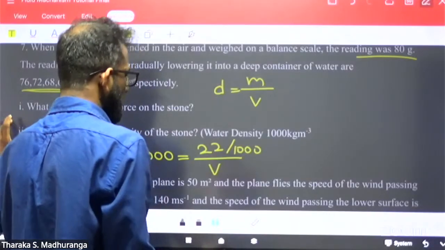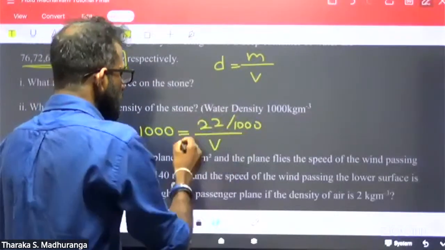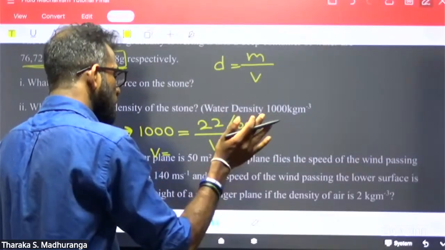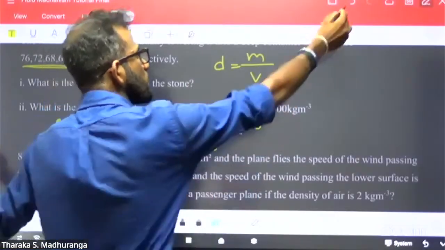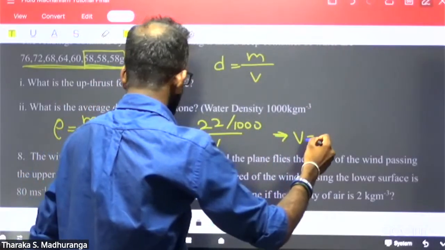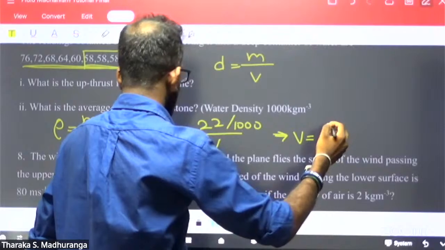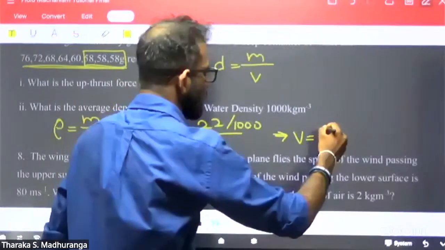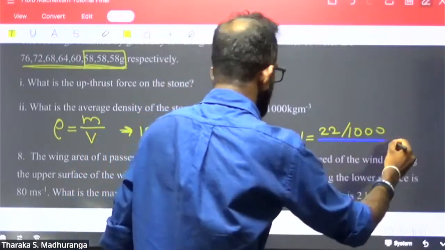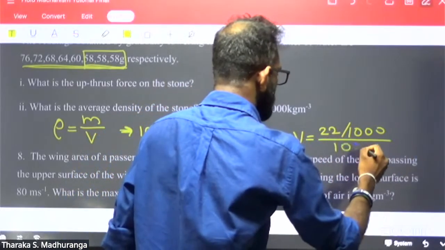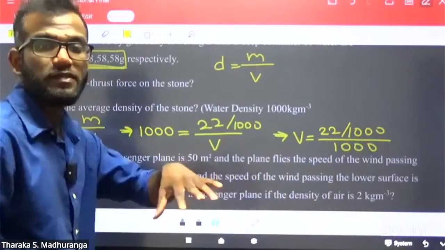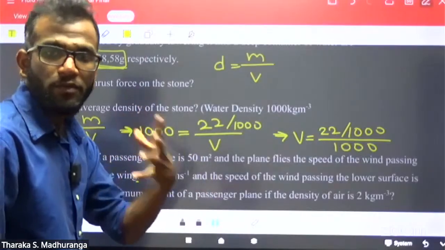Now volume equals the displaced water volume I am finding. The displaced water volume, V, equals 22 over 1000, divided by 1000. This much of small volume is displaced. This small displaced volume is equal to the stone volume.